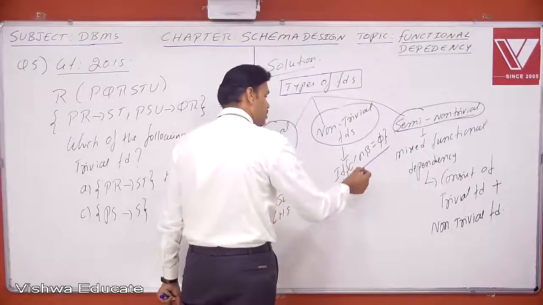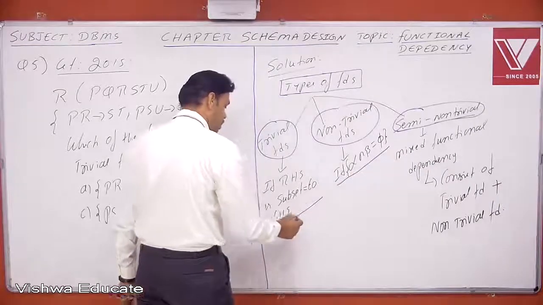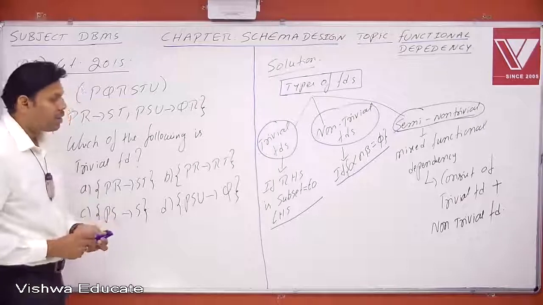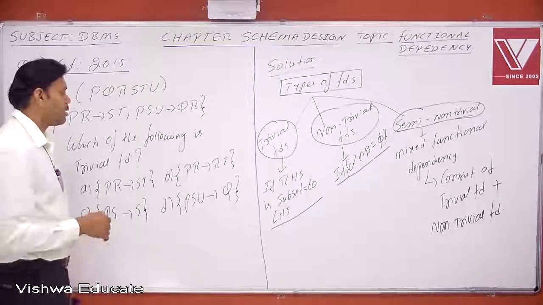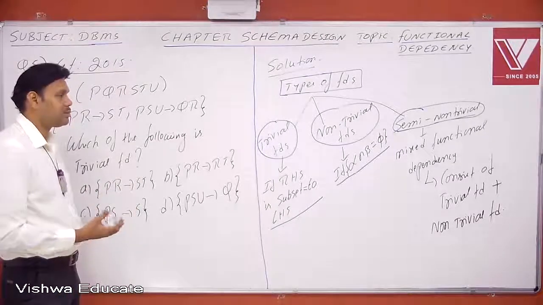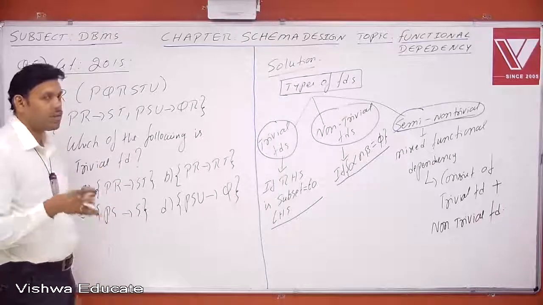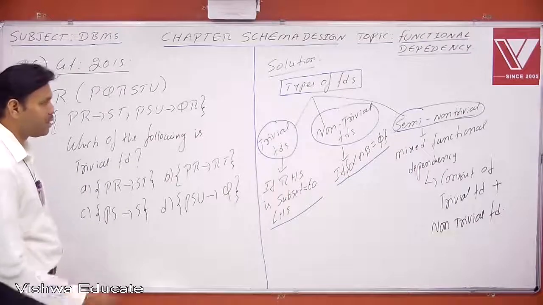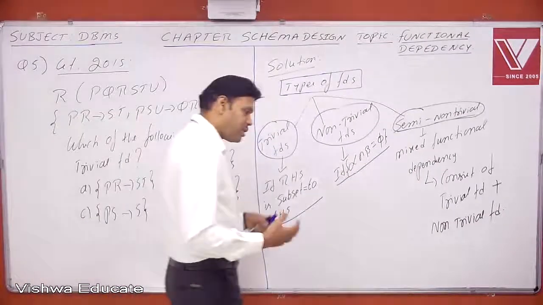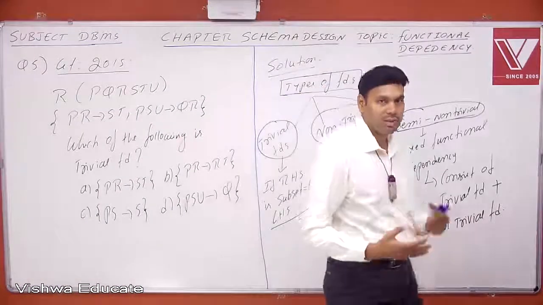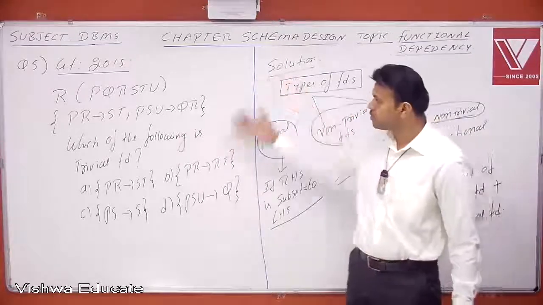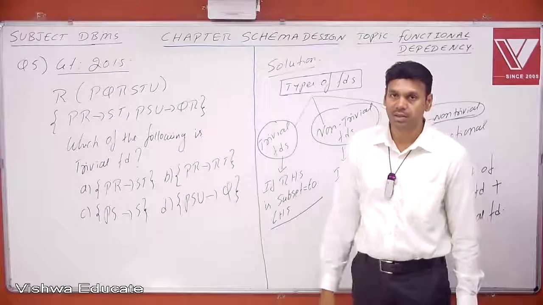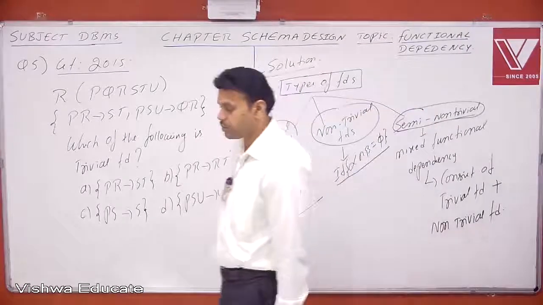We know these two conditions very well. Copy the right hand side part so that we identify what exactly the meaning of semi-non-trivial functional dependency is. If you know how to identify it, then from the given list you could easily identify what a trivial FD is. Okay, copy it.